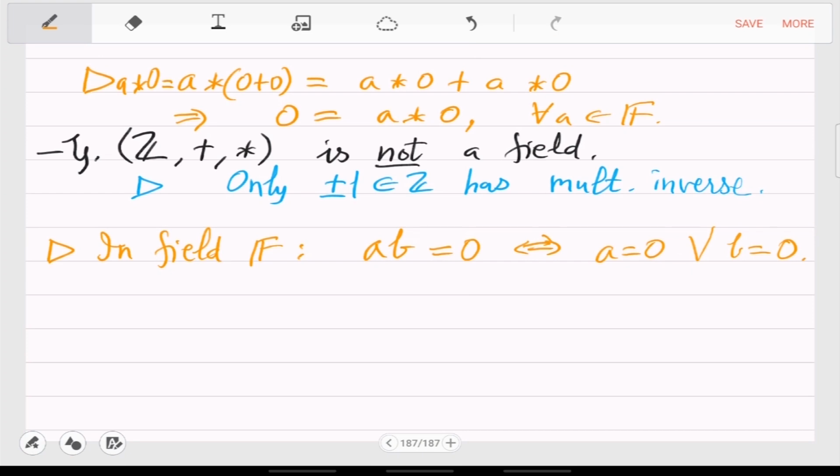So clearly if A is 0 or B is 0, then you can deduce AB is 0. That's the above proof. What about the converse, which is AB is equal to 0? What can you deduce from there? AB is equal to 0 implies?